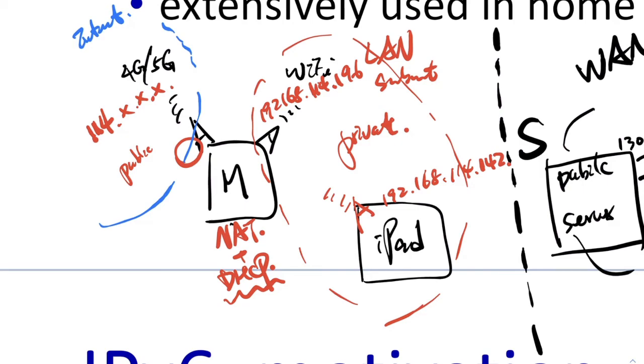But actually, it is a combination of NAT and DHCP server, and they use a private network in your Wi-Fi network, and in your 4G or 5G network, you get a public IP address from your 5G or 4G service provider. So that is how NAT and DHCP work when you turn on your hotspot.